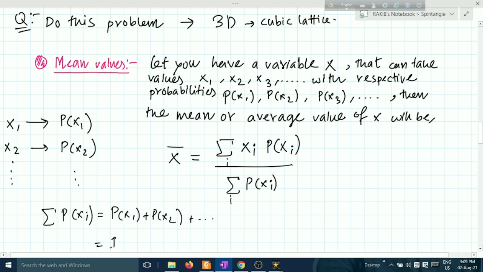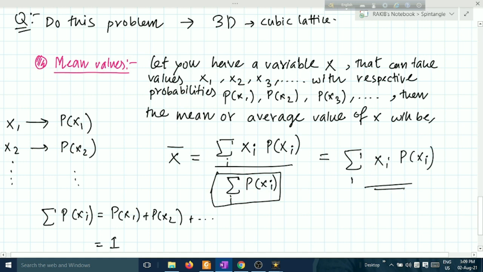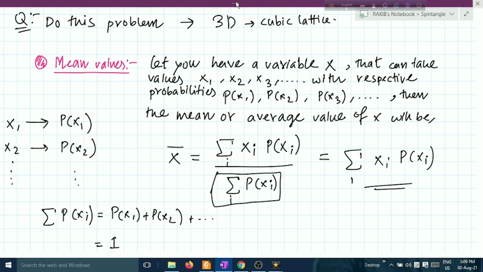This will be equal to 1, because we know the total probability always has to take the value 1. This means the denominator will also be 1. In this case, you can write it as the summation over i of xi pxi. This is the general formula of mean.